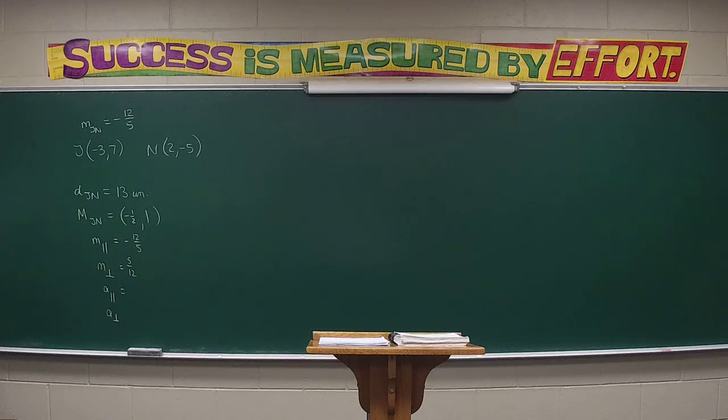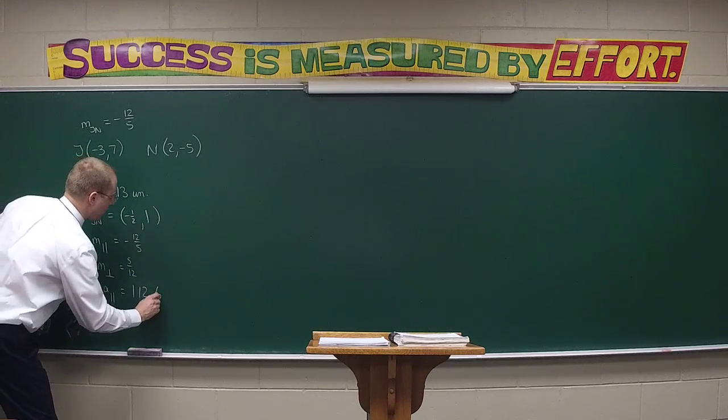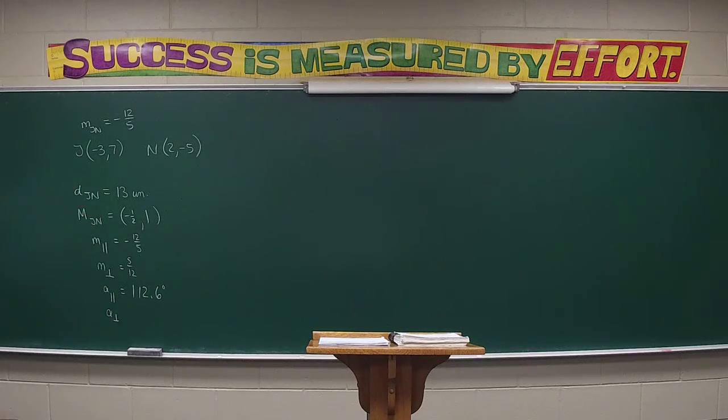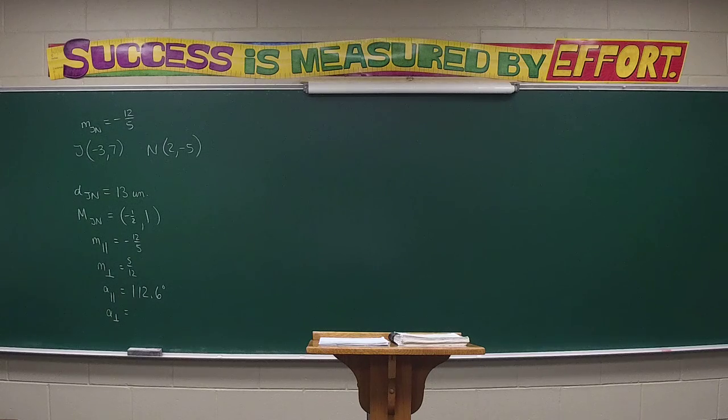What about the angle of inclination for a line parallel to JN? Quentin? 112.6 degrees. Good. Initially you get that negative 67, but end up adding the 180 to get 112.6. And then what about the angle of inclination of a perpendicular to JN? Jamie? 0.01 degrees.